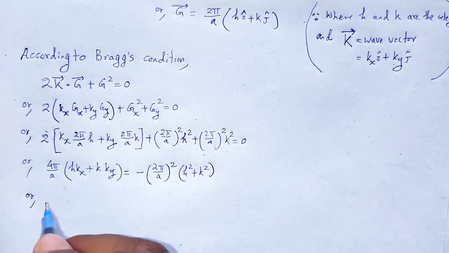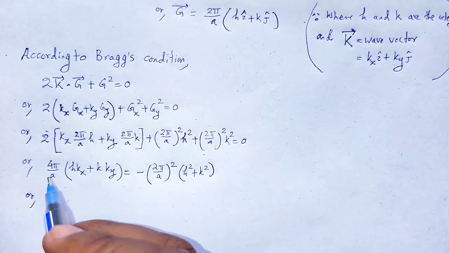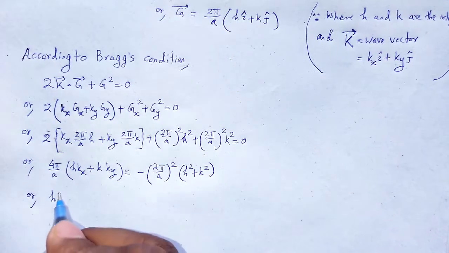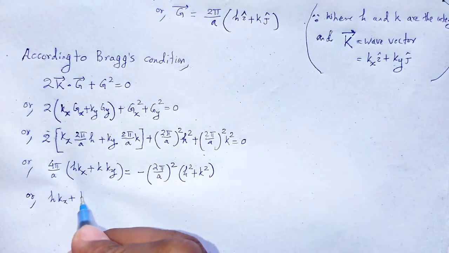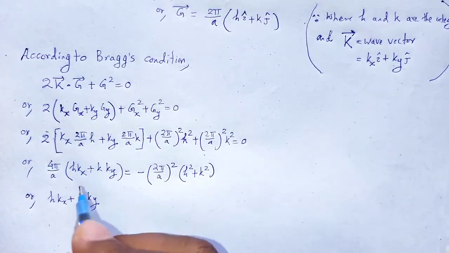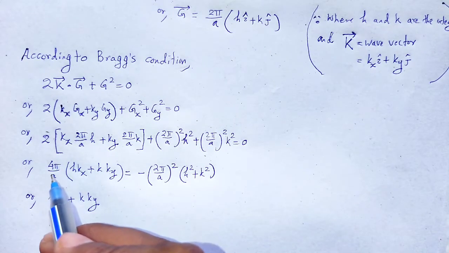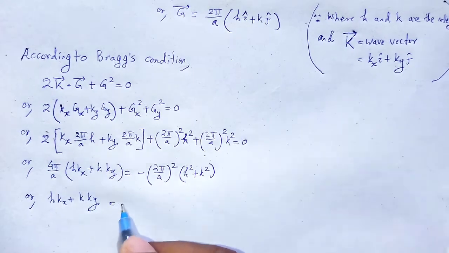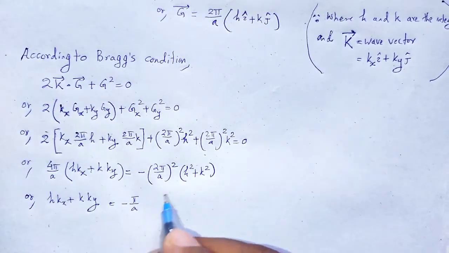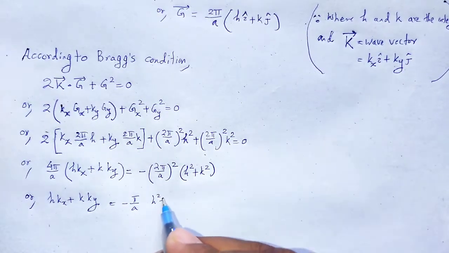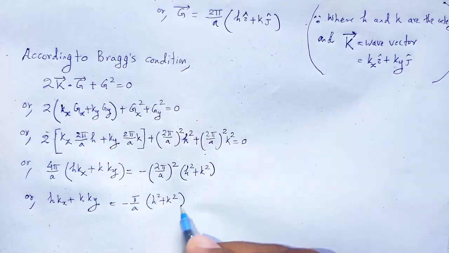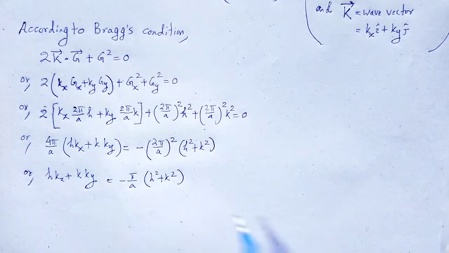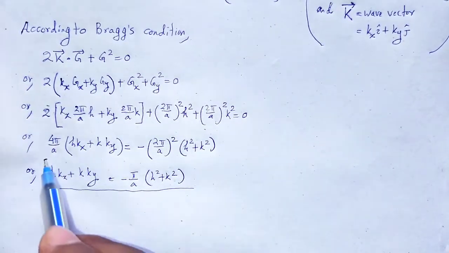Or h kx plus k ky, under the cancellation of 4 pi by a to 2 pi by a, equals minus pi by a times h square plus k square. That is the equation.